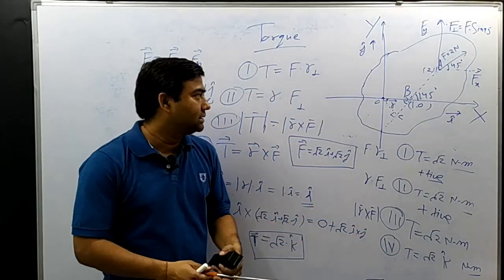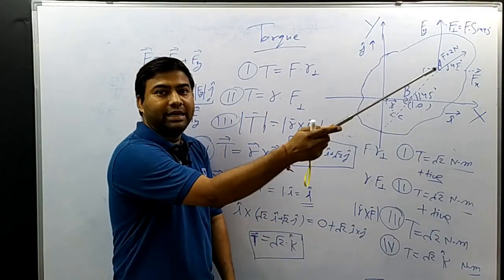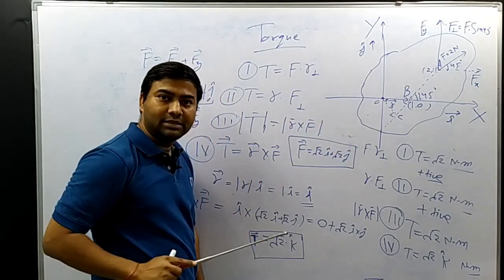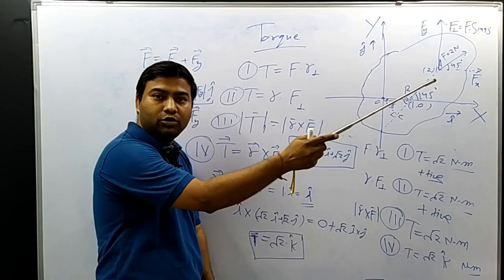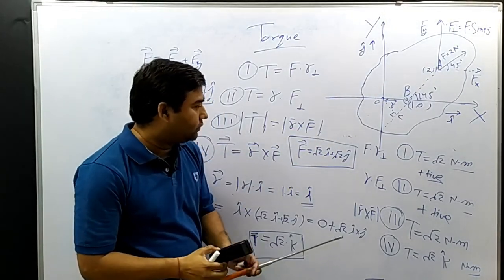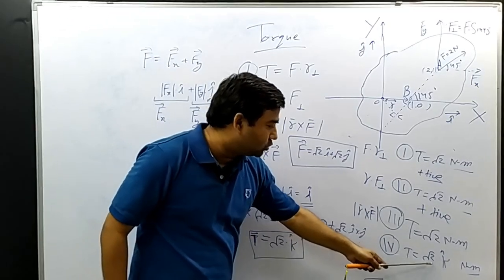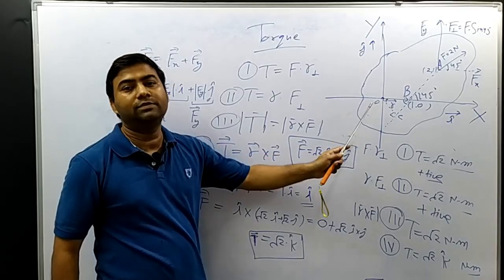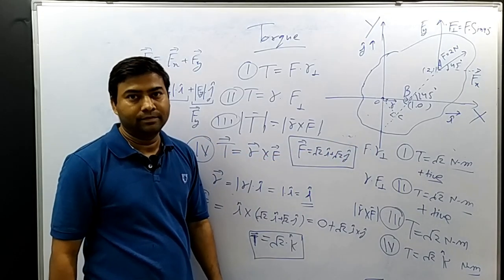Here k is along the z axis. So the z axis is perpendicular to the x and y axis and the positive direction of the z axis is towards the viewer. So the direction of torque is under root 2 into k vector. K vector is the unit vector along the positive direction of the z axis.